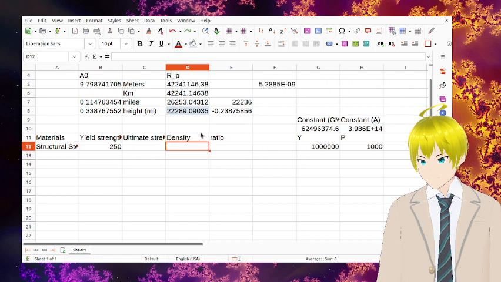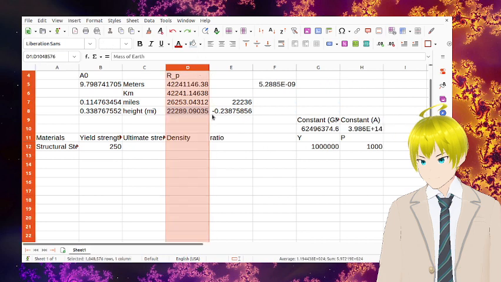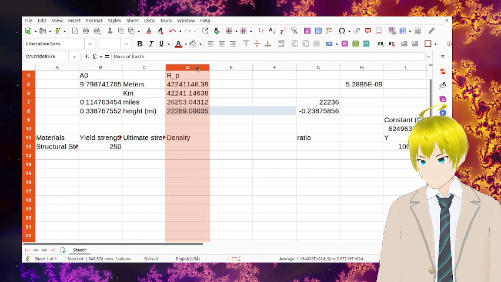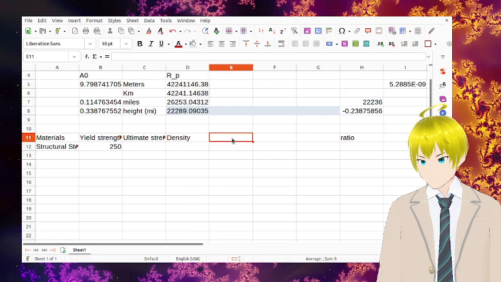Actually, let's put them over here. So yield strength. I'll put a little marker to indicate that it's been corrected for dimensions or for units, and I'll put ultimate tensile strength, or ultimate stress, or whatever.